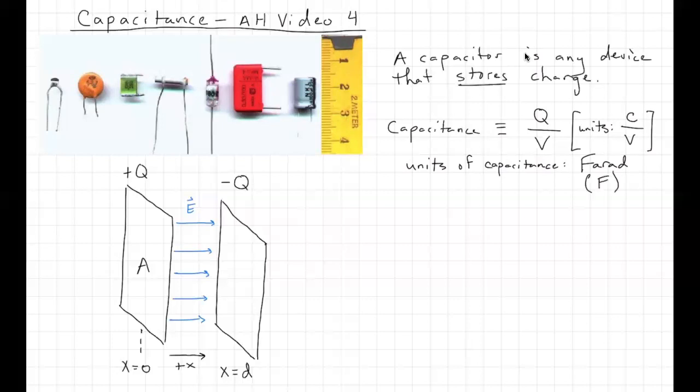If you look here on the left side at the top, there are some examples of what capacitors look like in the wild. There are lots of different types of capacitors with different shapes and sizes. All of the ones included here have two wires going to some central body.